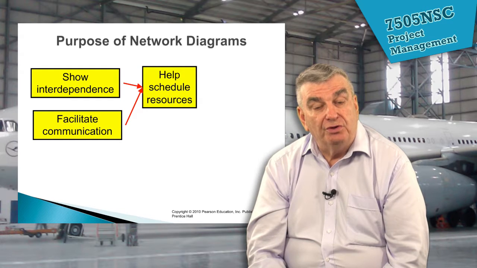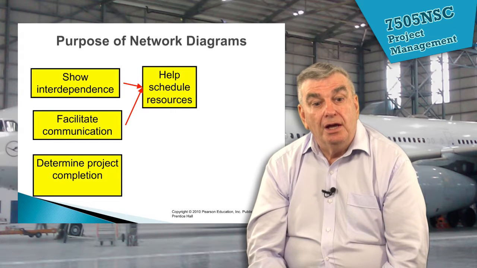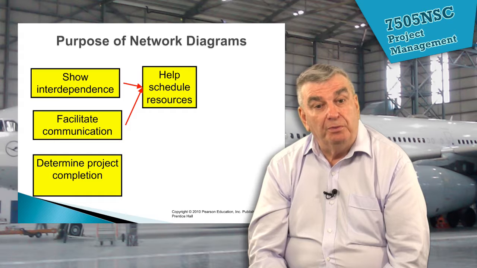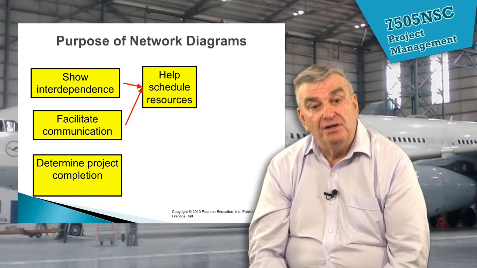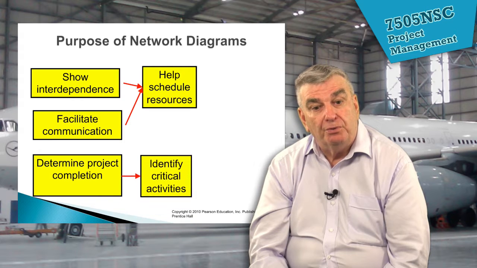It helps to schedule the resources, so we make sure that the people and the materials are in place at the right time. It helps determine the project completion, that is, if we know the actual time for the different activities and how they're sequenced, whether they're serial, parallel, we can work out when we're going to finish the project.